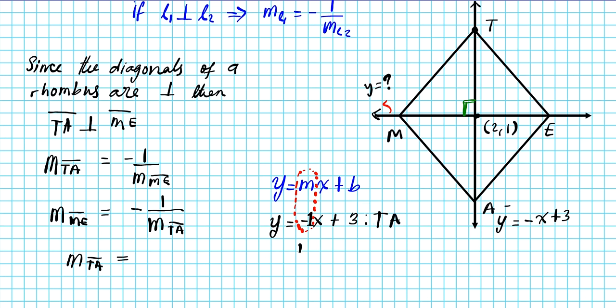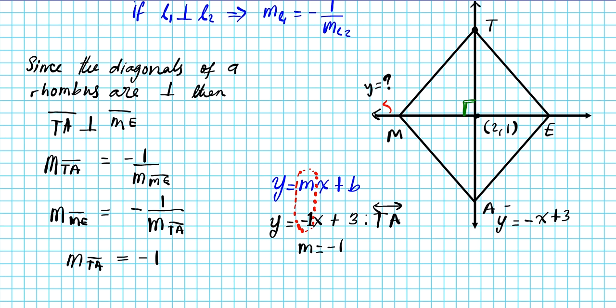So it follows that the segment containing TA will also have a slope of negative 1, right? Perfect. Now that we have the slope of segment TA, we can use that to figure out the slope of segment ME. We just substitute it into this equation right here. So it's going to be the negative reciprocal of the slope of segment TA, which is negative 1.